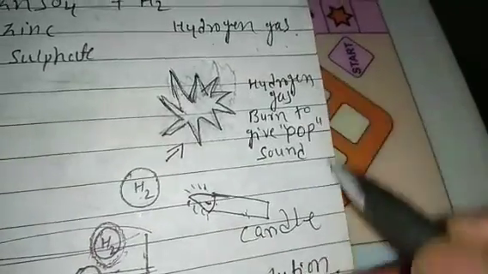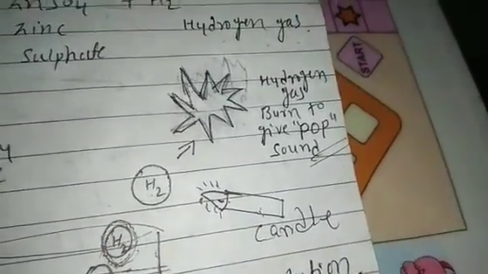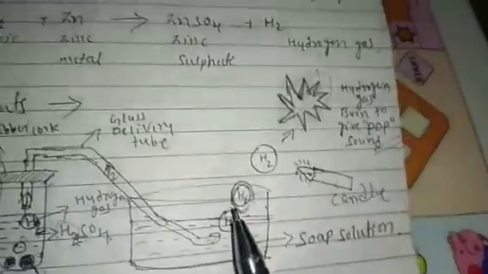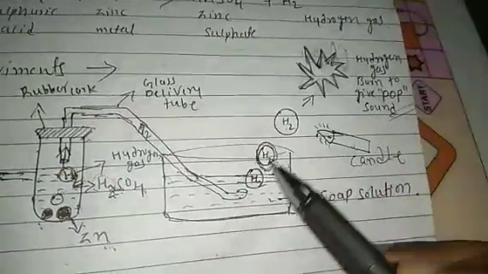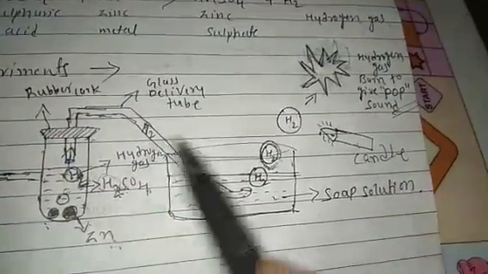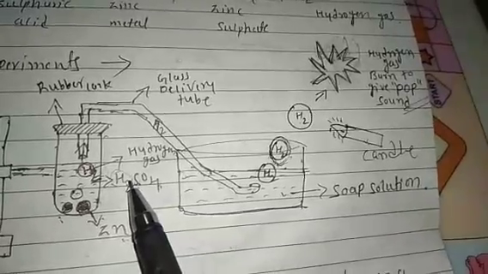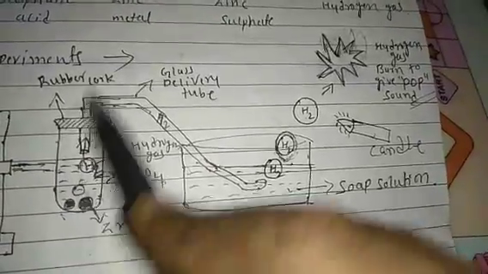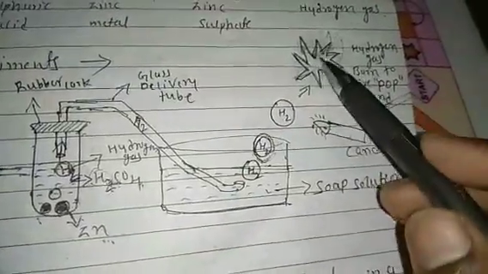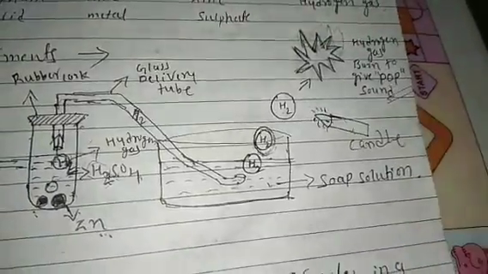Right, students? It gives a pop sound. So this pop sound indicates that hydrogen gas is liberated when H2SO4 reacts with the zinc metal. To test the liberated hydrogen gas, we introduce the candle flame to exhibit the pop sound.